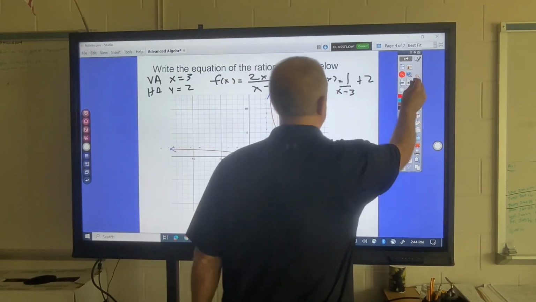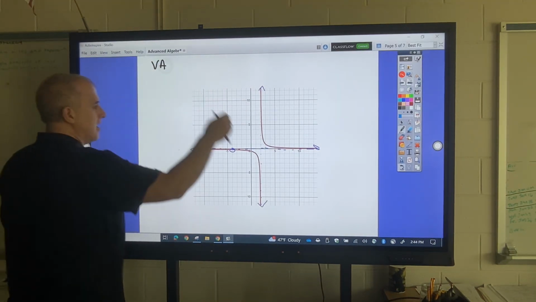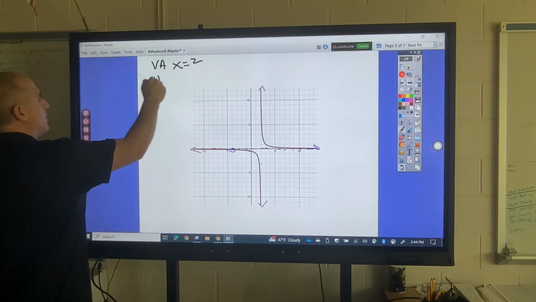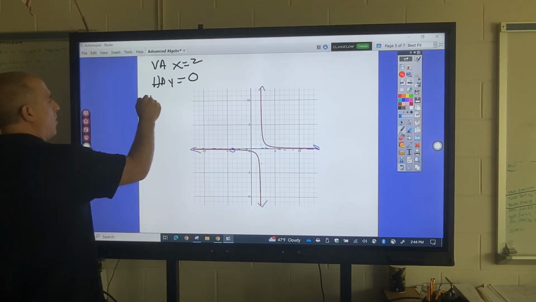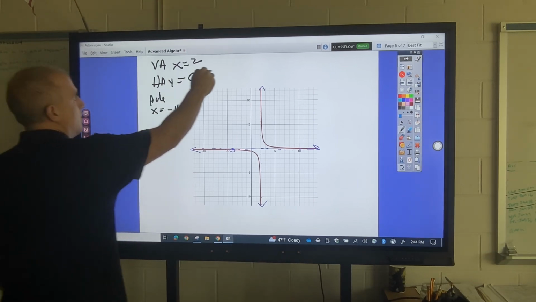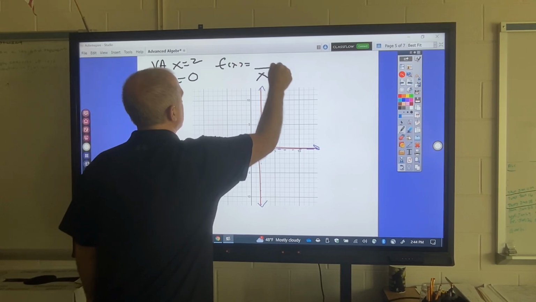Okay, now I've got a vertical asymptote at x equals 2. I've got a horizontal asymptote at y equals 0. And then I've got a removable discontinuity, a hole, at x equals -4. So this would be x minus 2 with a 1 on top.